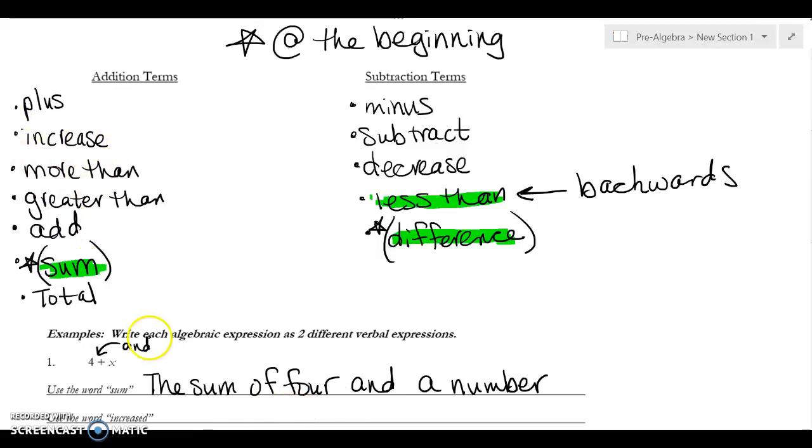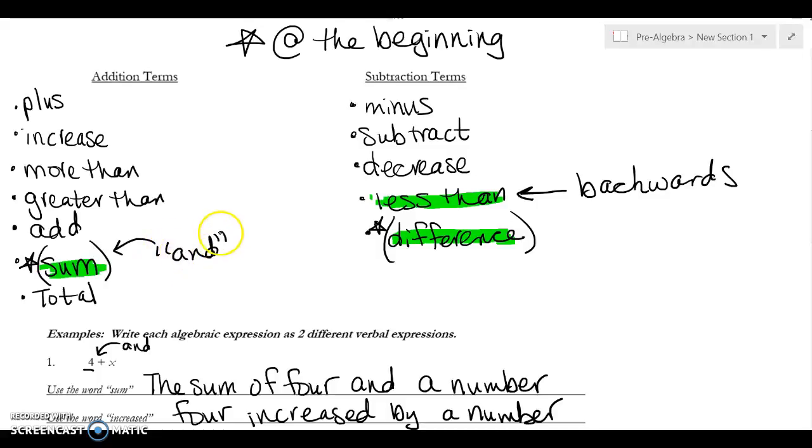It just says increase, so I do what it says. 4 increased by a number. I didn't use the word and for increase because and only goes for the words sum and difference. That's a key point.